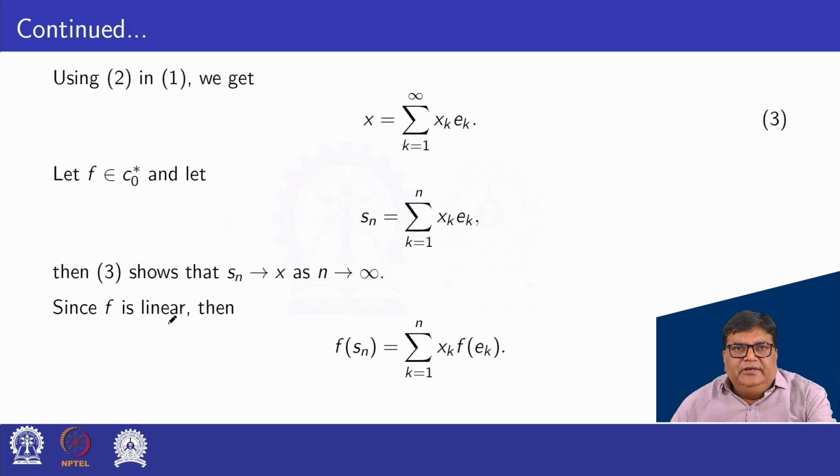Since f is linear, f of Sn equals summation k equals 1 to n f of xk ek, so f of Sn equals summation k equals 1 to n xk f of ek.